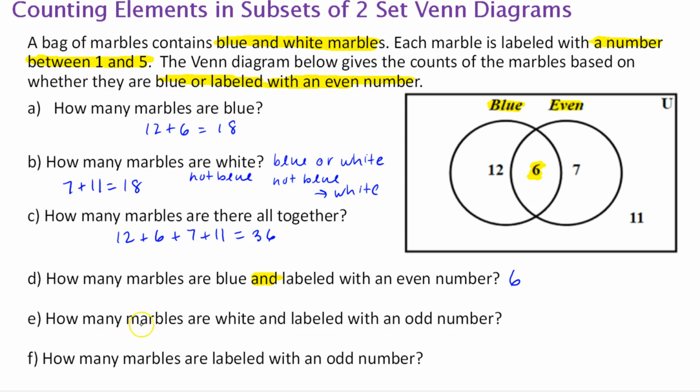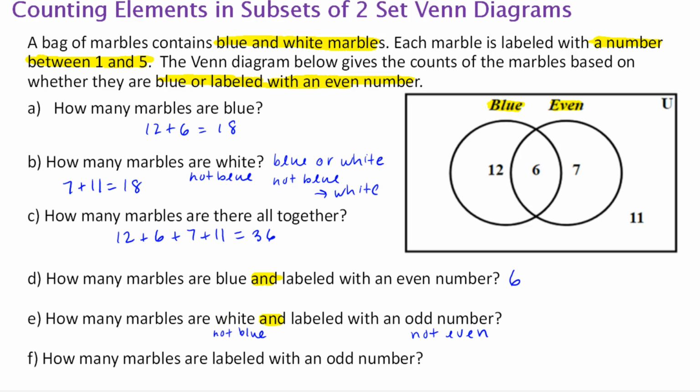Next, we're asked how many marbles are white and labeled with an odd number. If they're white, remember that means they're not blue. And similarly, we could think of an odd number as being not an even number, because you're either an even number or an odd number. Also notice the connector says "and." So we want all the not blue marbles.